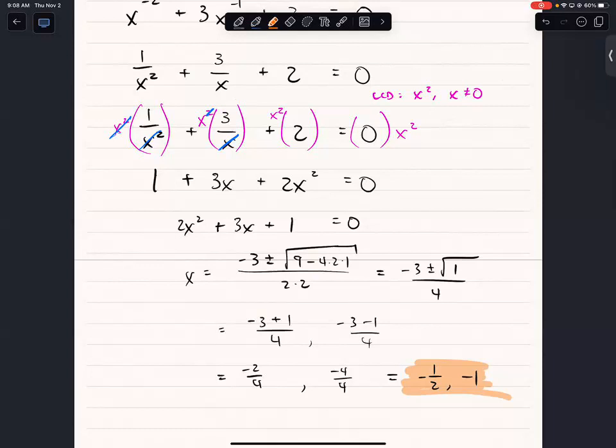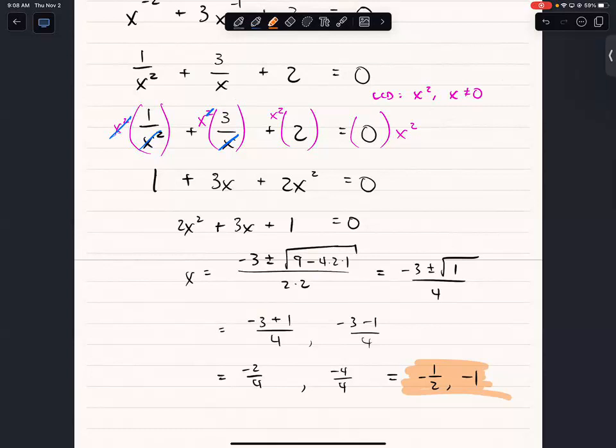Yep. So for the factoring, I got 2 times 1 is 2. What times is 2 to make 3 is 1 and 2. Right. So when you do that, because of the leading coefficient, just be careful how you factor it. You find those, but then it's not quite as direct as when the leading coefficient's 1.